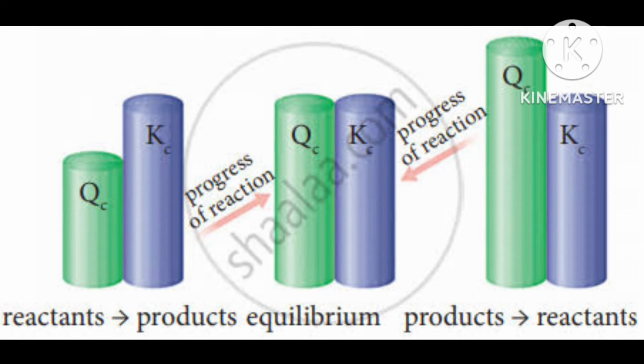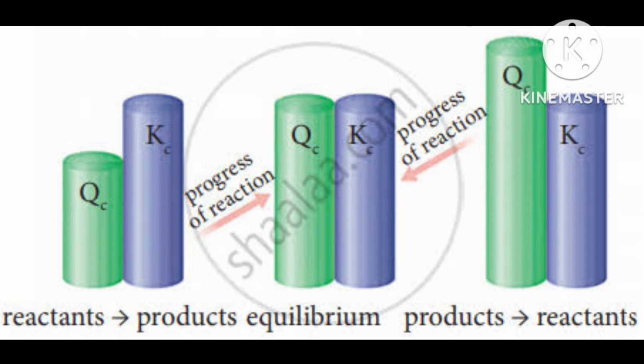Second example, N2 plus O2 gives 2NO, nitric oxide. This reaction takes place at 298 Kelvin, and the Kc value is again very less, 10 to the power minus 31, exact value 4.8 into 10 to the power minus 31.